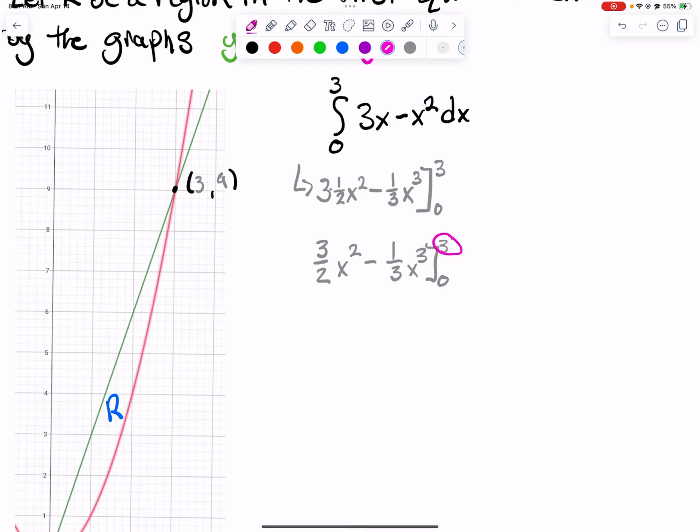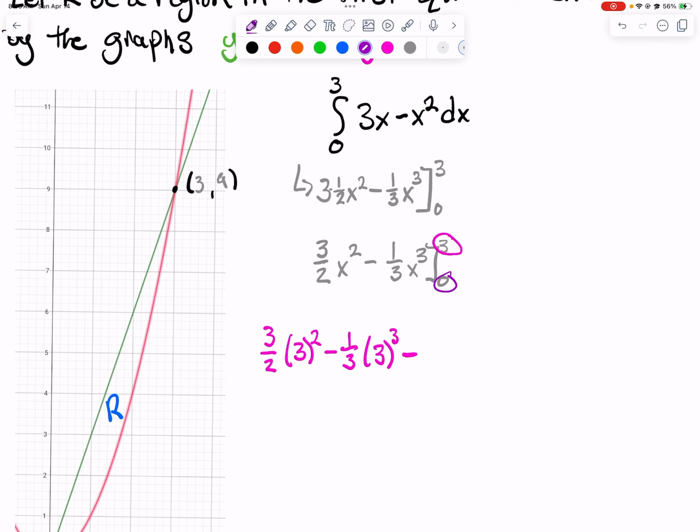Plugging in 3 for x, we're going to get 3/2 times 3 squared minus 1/3 times 3 cubed. Awesome. It's minus our next part here for when everything equals 0.